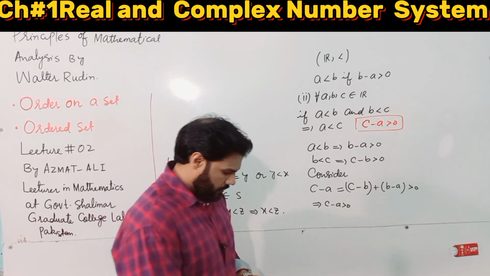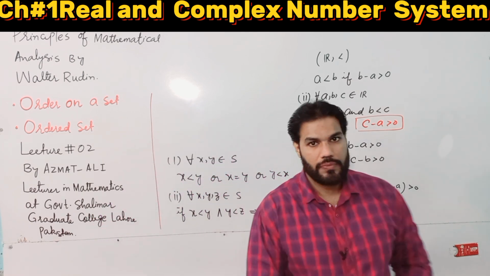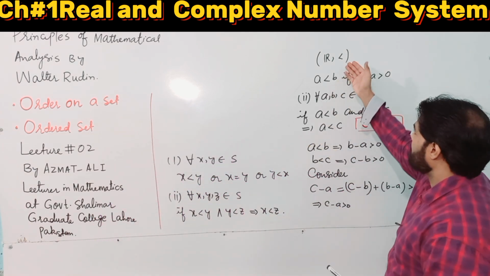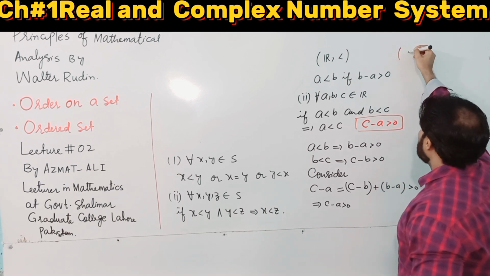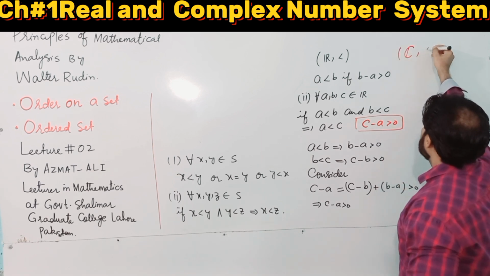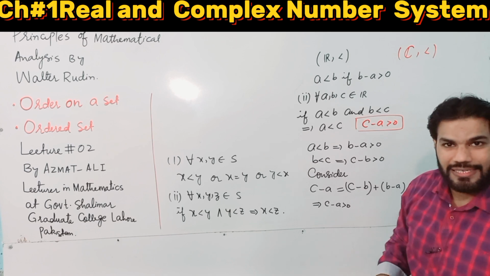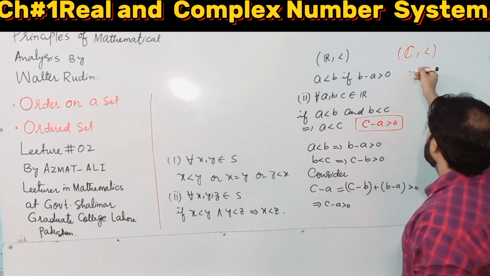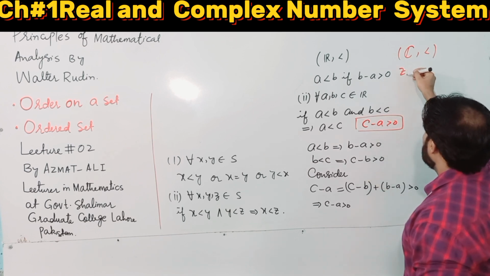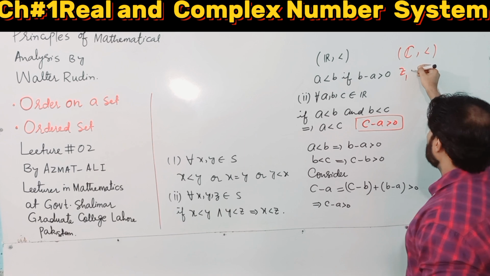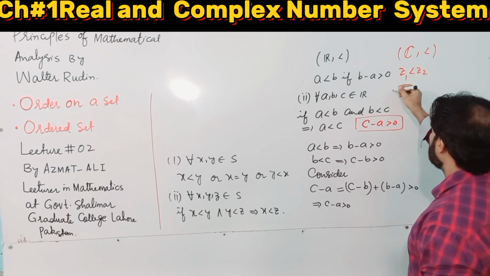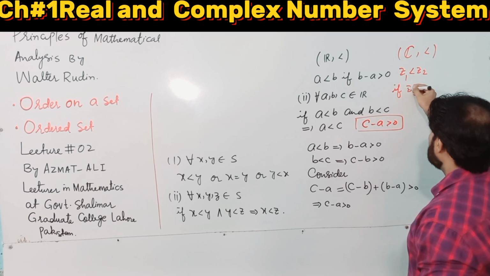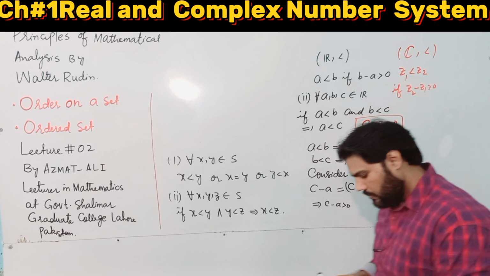Now, whether the set of complex numbers is also an ordered set with the same relation. Whether the set of complex numbers C with this less than relation, and we say that Z1 and Z2 are two complex numbers, Z1 is less than Z2 if Z2 minus Z1 is positive.